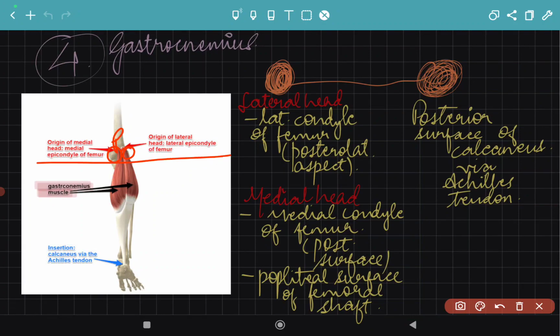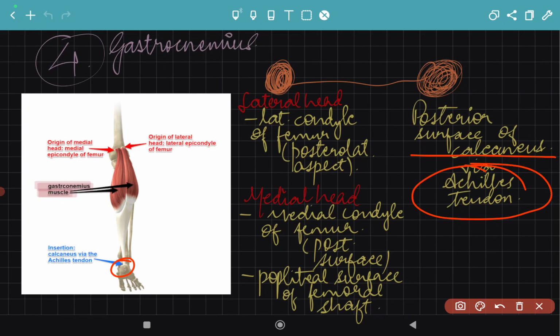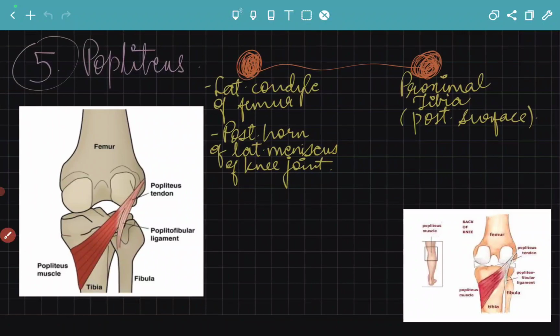This will be the start point of the lateral head and medial head of gastrocnemius, traveling this way, and then there will be Achilles tendon to insert to the calcaneus. So here will be the insertion of gastrocnemius. So it inserts at the posterior surface of calcaneus via the Achilles tendon. That was about gastrocnemius.